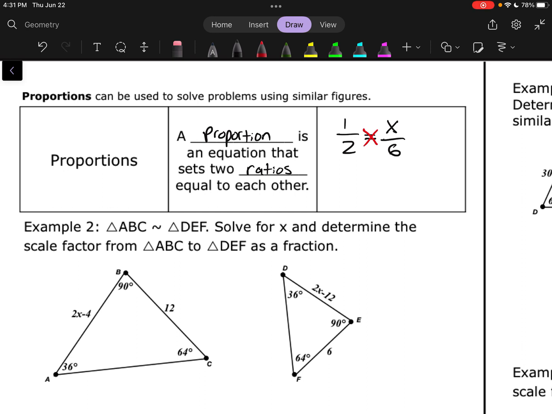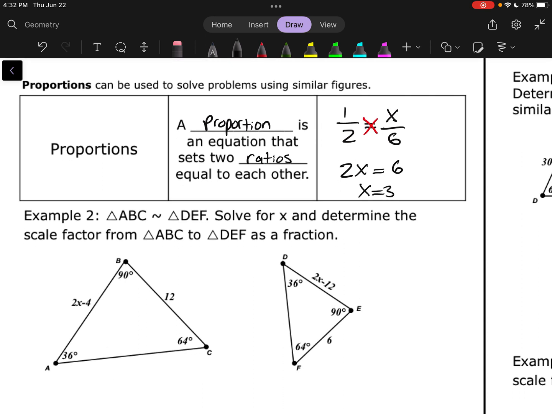And when you cross-multiply, you multiply across the diagonals. So 2 times x is 2x. 1 times 6 is 6. And then we could just divide by 2, and we would know that x is 3. So solving proportions, pretty easy. You just got to cross multiply and then solve.